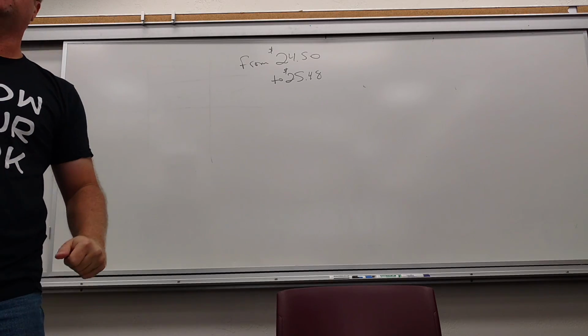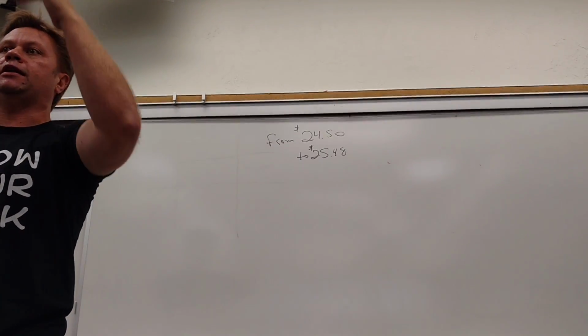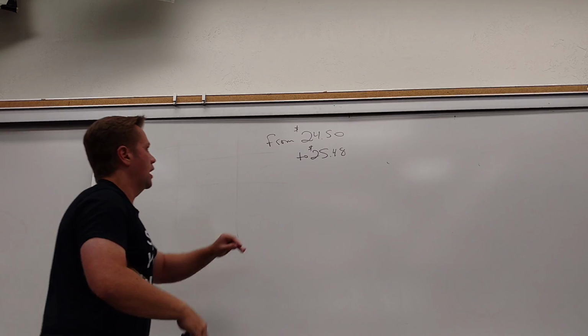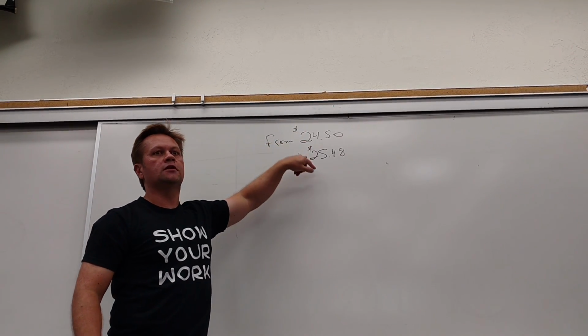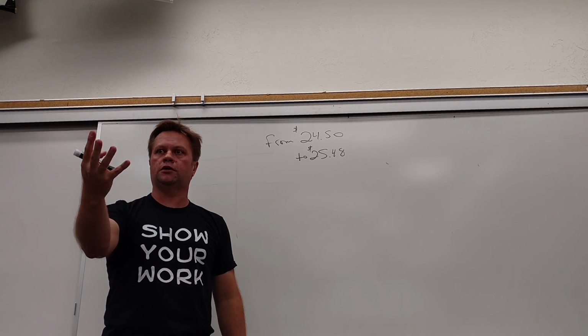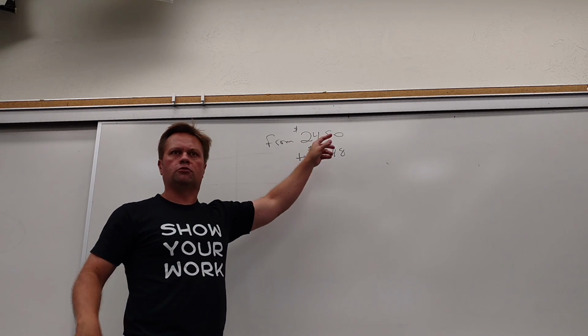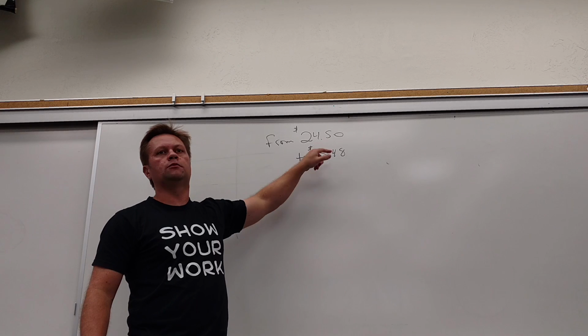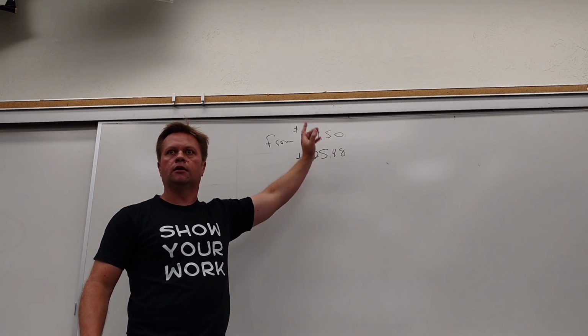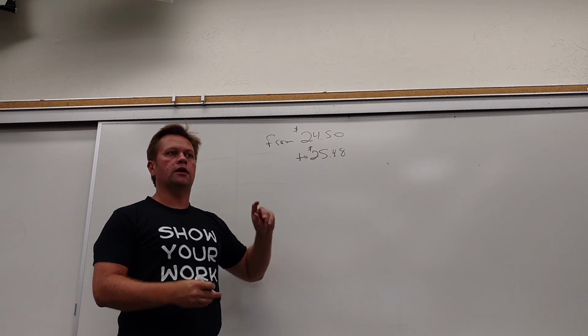To find the percent blank, I find the blank divided by the total. So in this case, I want to find the percent increase. Well, I got to first find the increase, and then divide by the original. That's the original total. The original was 24.50. That's the number that changed, so I'm going to divide it by that. So how much did this increase by?